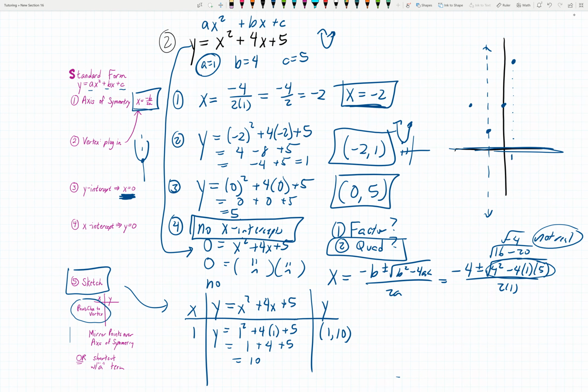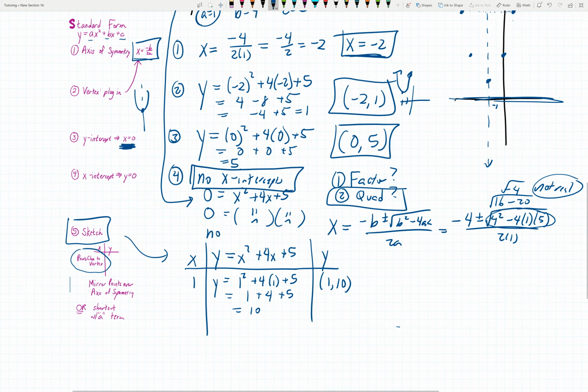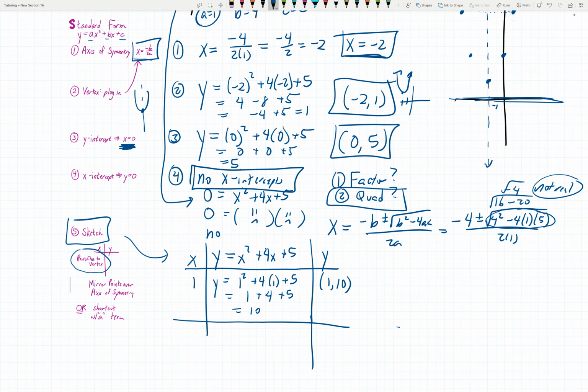There we go. And then I can get points on the other side for free. So it's 1, 2, 3 away from the axis of symmetry. So 1, 2, 3 away on the other side. And there that is. And I meant to plug in a negative 1 to get that point there. So let's do that. When I plug in a negative 1, y is negative 1 squared plus 4 times negative 1 plus 5.